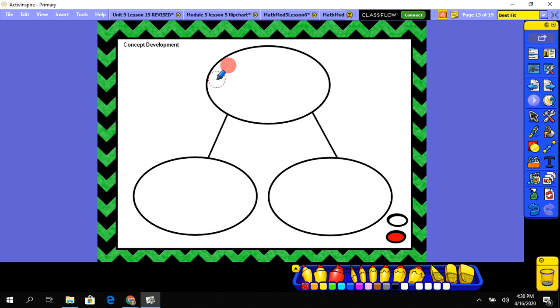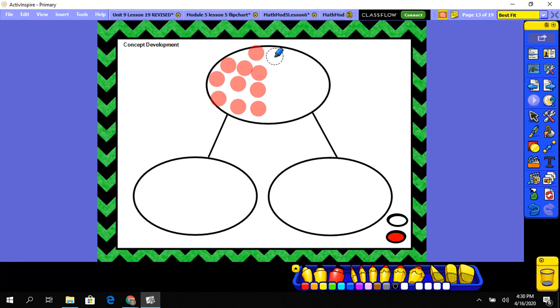Watch. 1, 2, 3, 4, 5, 6, 7, 8, 9, 10. What was the other amount of smiley faces Gregory had? 5. He had 15 altogether, so I'm going to do the next 5 in a different color so I can see my two parts inside my whole amount.